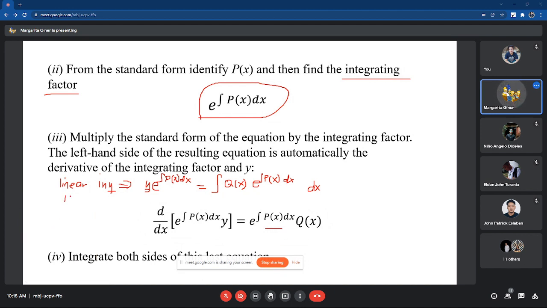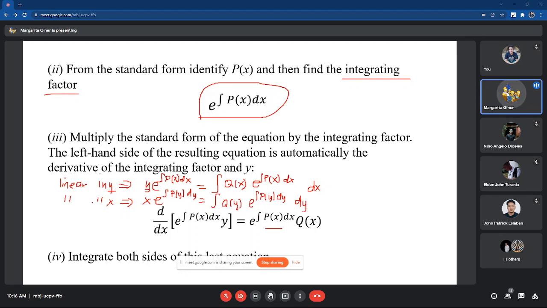Okay? So, if your DE is linear in x, ang formula nyo naman niya is x e raised to the antiderivative of p(y) dy is equals to the antiderivative of q(y) e raised to p(y) dy times dy.